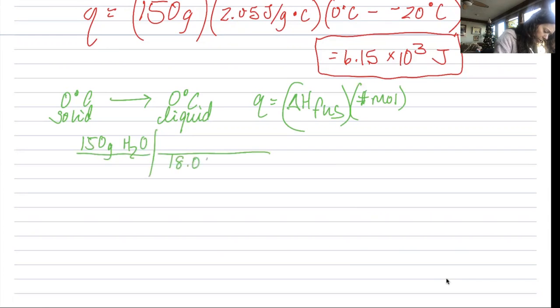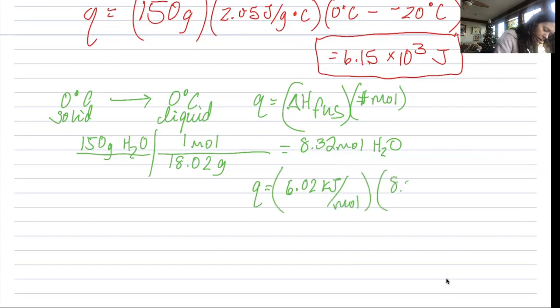There's 18.02 grams in every 1 mole. 150 divided by 18.02 equals 8.32 moles of H2O. So Q is equal to the fusion, 6.02 kilojoules per mole, times the 8.32 moles. 6.02 times 8.32 equals, oh my goodness, that's 50.1 kilojoules.